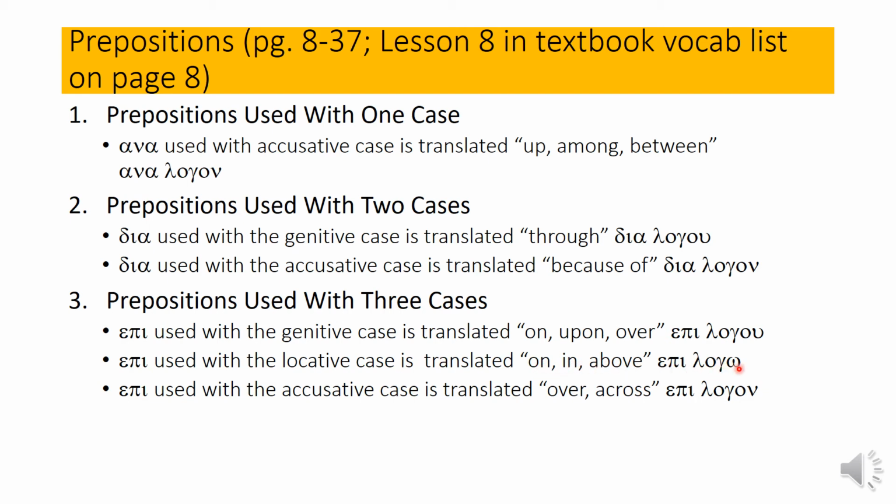Epi logo with an iota subscript would be on, in, or above a word. But epi can also be used with a 3rd case, the accusative case, and would in that case be translated over or across. So epi logon, the noun here being in the accusative case, would be over or across a word. So some prepositions are used with 1 case, some with 2 cases, some with 3 cases.